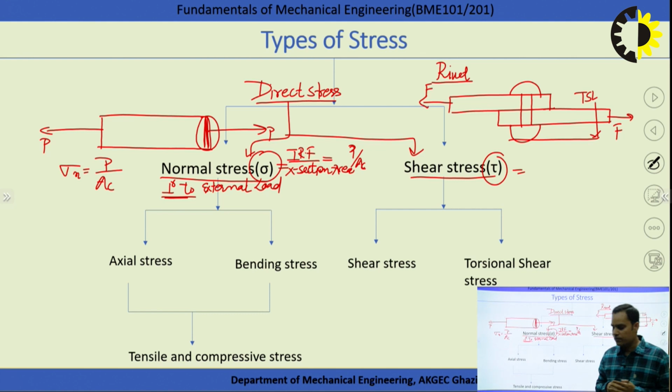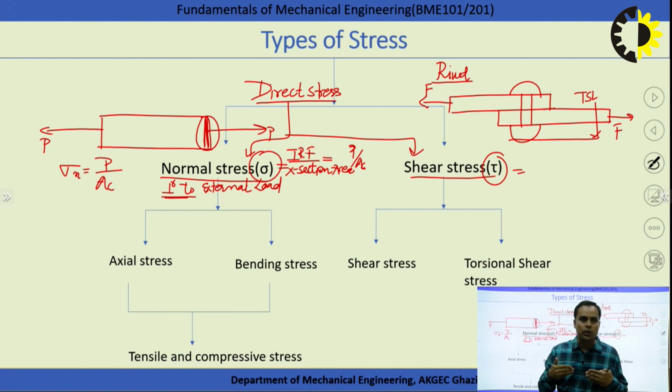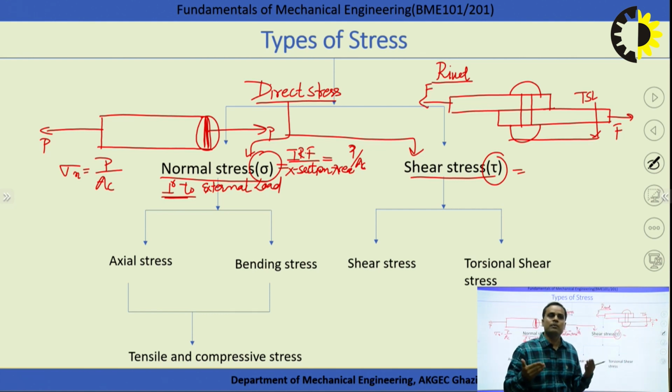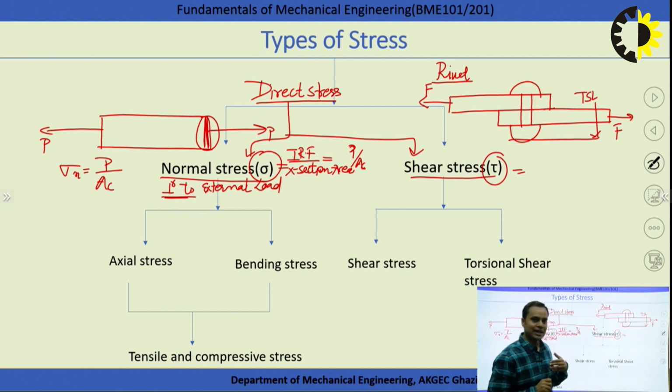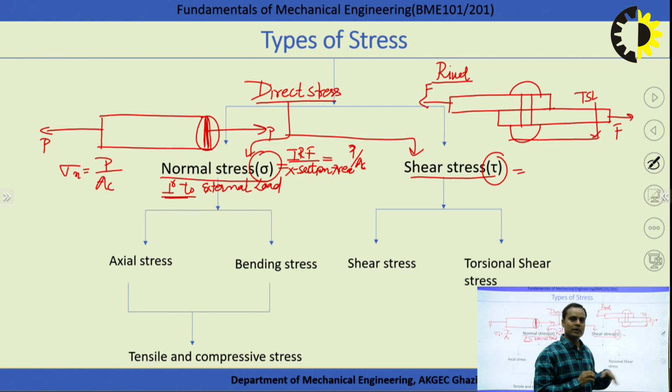Generally in case of shear, what will happen? When the tangential load acts over the body, there may be a possibility of angular deformation, right? Just like in case of normal stress, after the application of the force, there is a possibility of only dimension change, but in case of shear load or tangential load, when the load is applied over the body, there is a possibility of angular deformation, shape change, right?